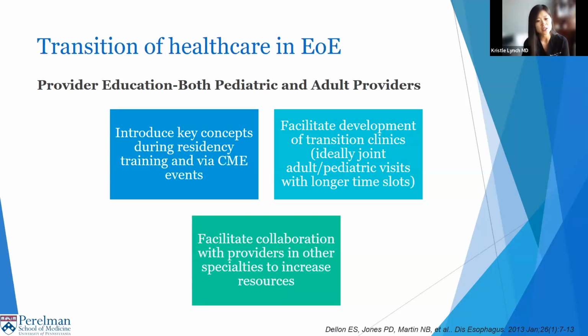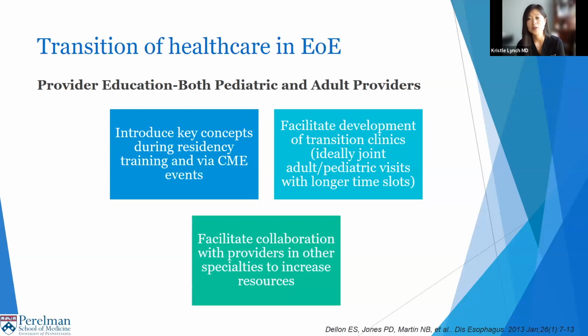Additionally, for provider education, I think that it is key to facilitate collaboration with providers in other specialties, especially for EOE. This not only allows us to understand the patient better as a whole and to understand other organ systems, but also this helps us pool and increase resources. At Penn, one example of how we interact in the EOE world is our relationship with the allergists.